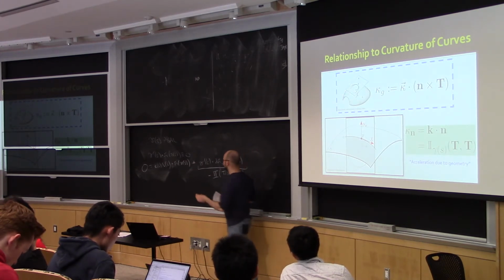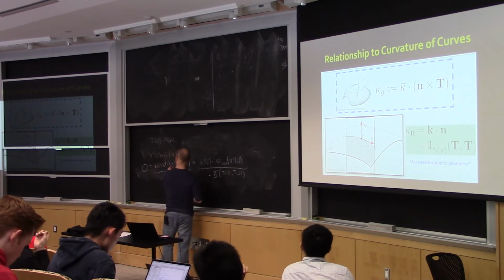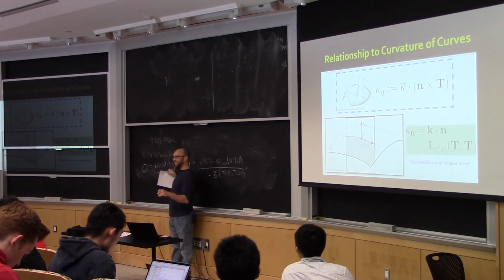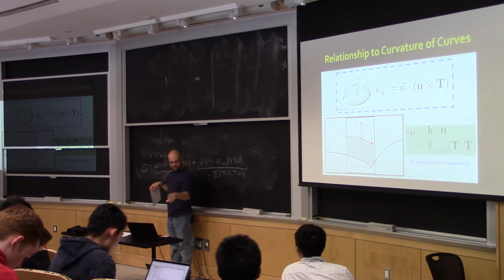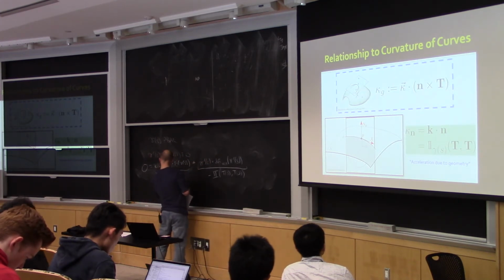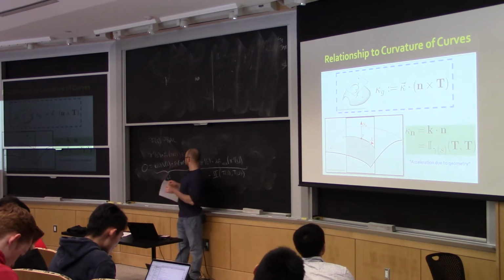Yeah. And what is this thing? Well, this is a unit vector, right? So this is the component of the curvature normal in the surface normal direction, right? So it's exactly what we've defined to be kappa sub n on the board there. And so our proof is done, right?